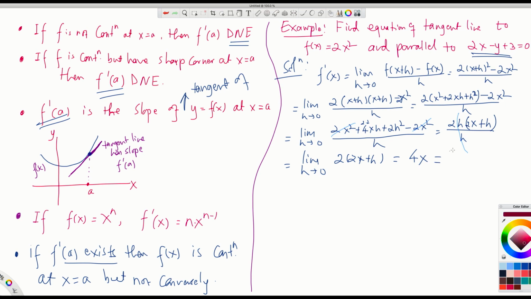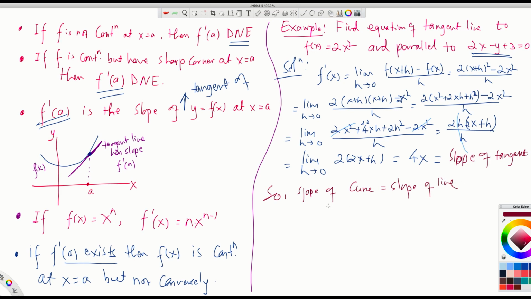Now, this is the slope of the tangent. Since this tangent line is parallel to this line, the slope of the line and the slope of the tangent are equal. That is, slope of curve equals slope of line, right?